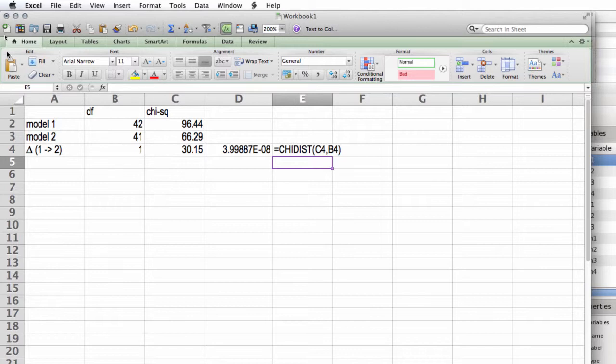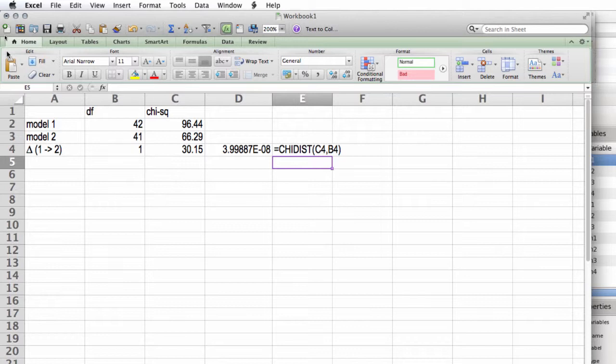So the null is that sigma 1 theta equals sigma 2 theta, meaning the model covariance matrix for each of the corresponding parameter estimates is the same.